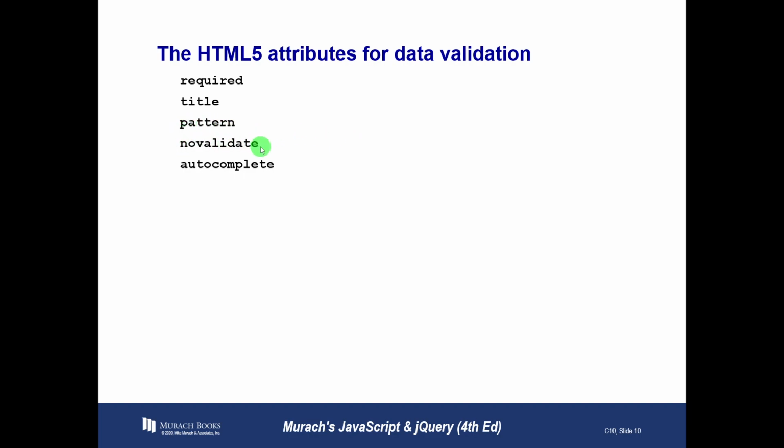We have a novalidate attribute and an autocomplete attribute. Novalidate is pretty clear. It's basically saying, hey, don't validate this field. It's telling the web browser not to validate it. That doesn't mean we can't access it with JavaScript if we want. And we have an autocomplete, which we can turn on or off.